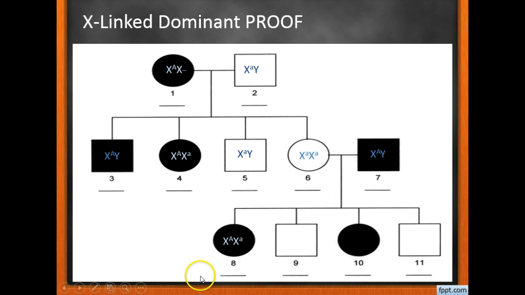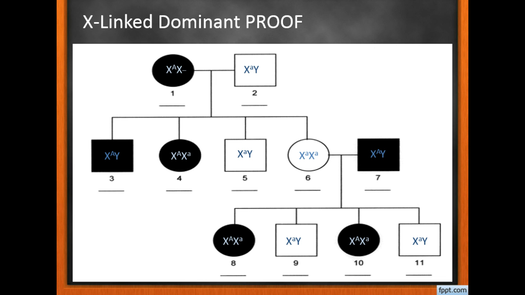And if we take a look at their offspring, we know it's going to be a big A from dad, little a from mom, and a Y from dad; big A from dad, little a from mom, and little a from mom, and a Y from dad. So this is our X-linked dominant proof.